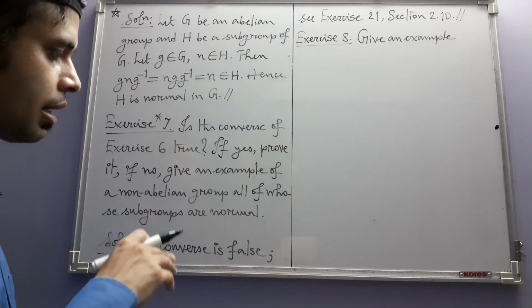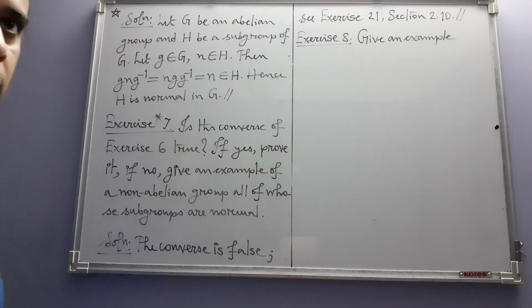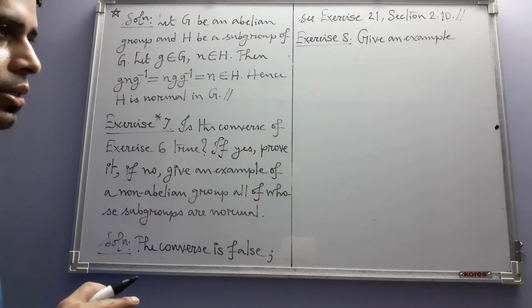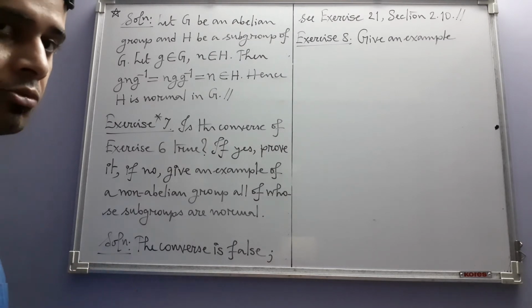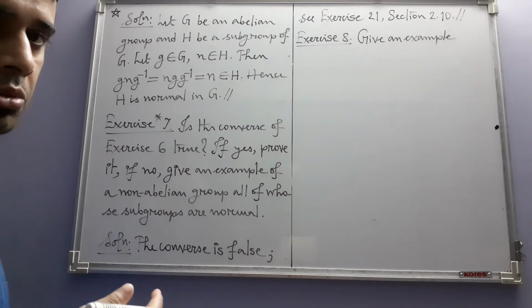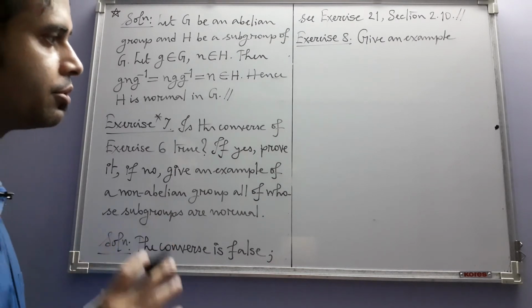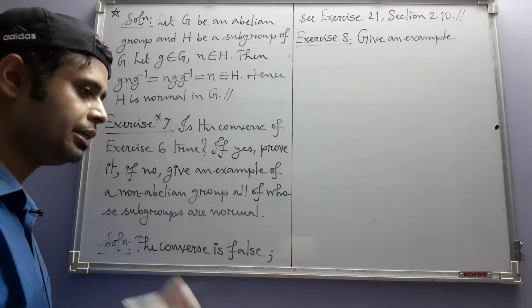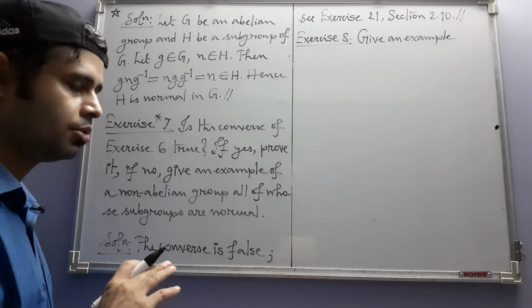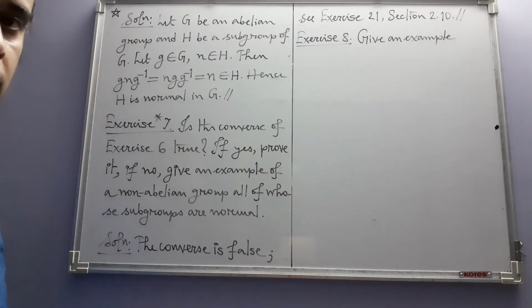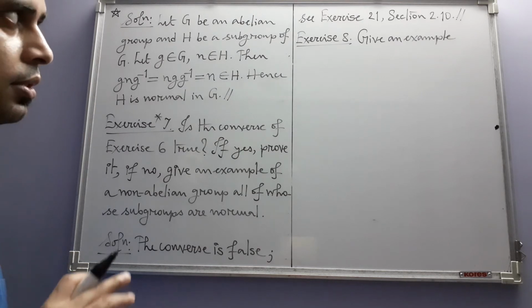But if you are supposed to give an example to prove that something is false, producing a counterexample actually is very tough. You have to really go through many examples, and you will try to construct for yourself such an example.